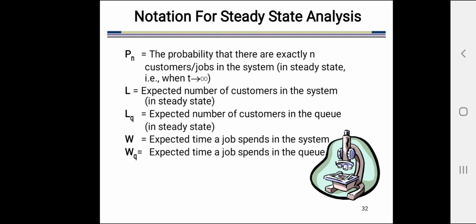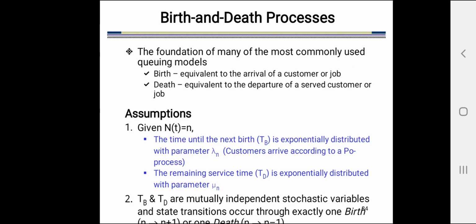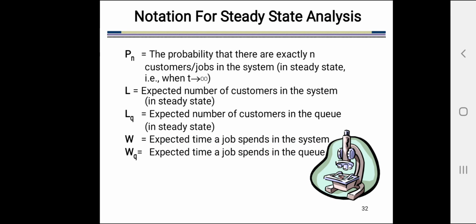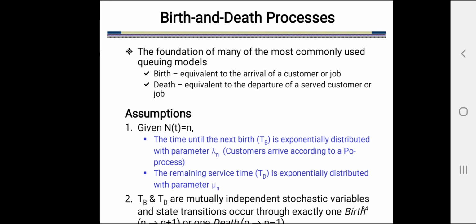Lq is the expected number of customers in the queue in steady state. Capital W is the expected time a job spends in the system, and Wq is the expected time a job spends in the queue. Please note these notations, as they are used in steady state analysis. In the next lecture we'll discuss these things in detail and see a few examples also.